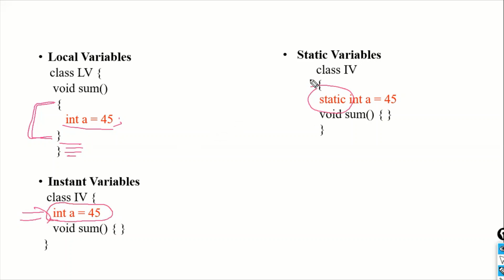The scope of static variables and instance variables is the entire class block, so we can access this variable A inside the complete class block. Whereas local variables can be accessed inside only one block. If the scope of a variable is limited to a single block, those variables are called local variables.